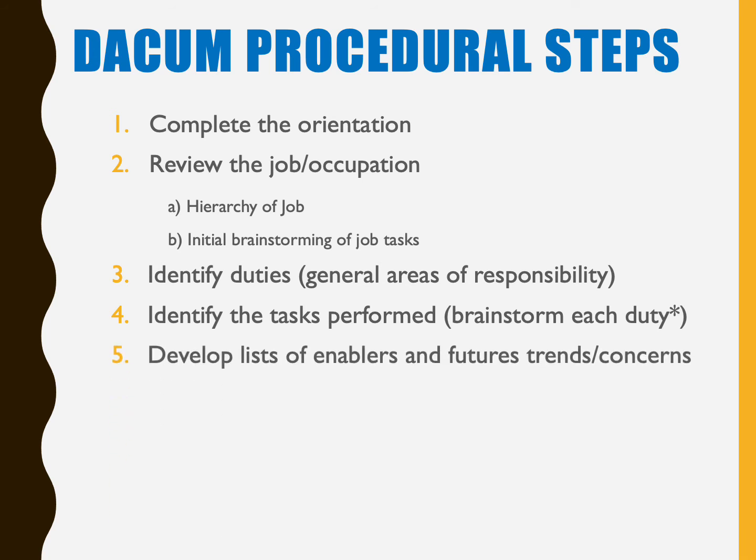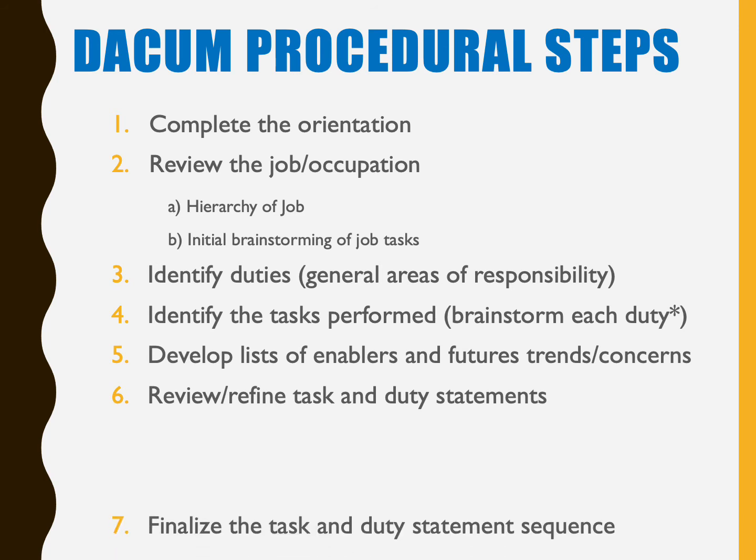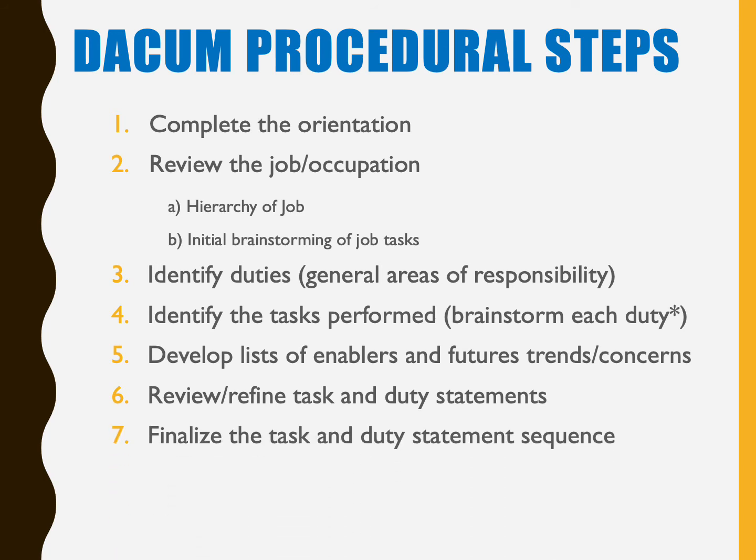We'll develop those lists of enablers and also talk about future trends and concerns. Review and refine the task and duty statements, finalize the sequence, and list any of your program design recommendations.